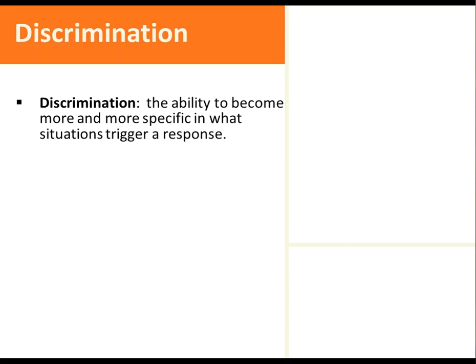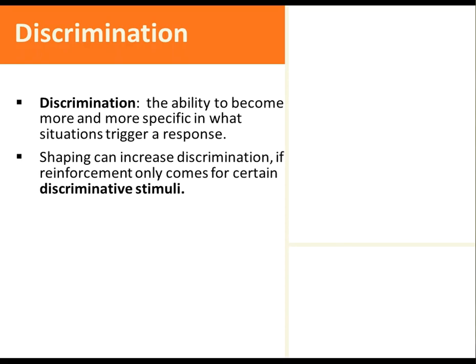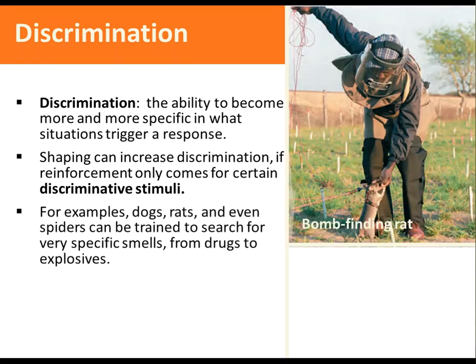Now, let's look at discrimination from the perspective of operant conditioning. Discrimination: the ability to become more and more specific in what situations trigger a response. Shaping can increase discrimination if reinforcement only comes for certain discriminative stimuli. For example, dogs, rats, and even spiders can be trained to search for very specific smells, from drugs to explosives.